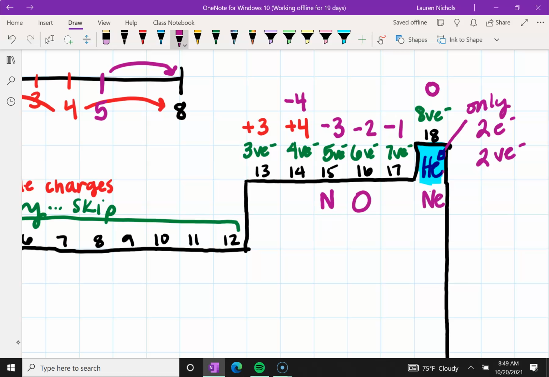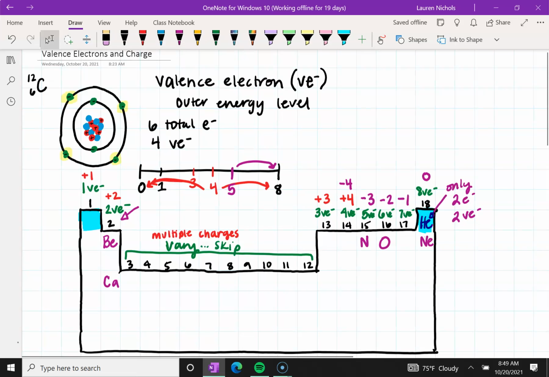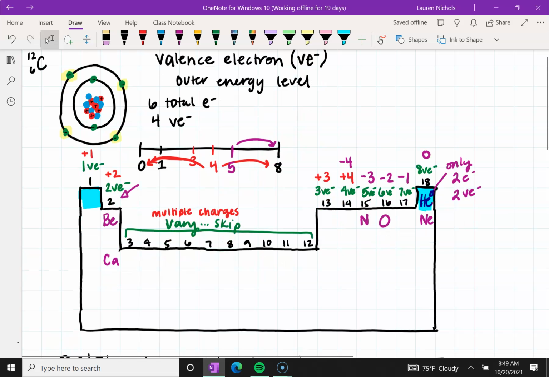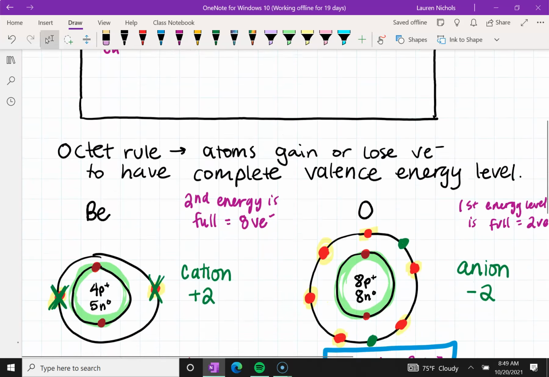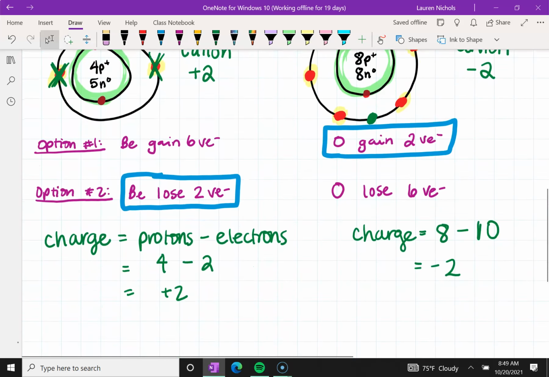It will be neutral because it already has 8. It's not going to gain or lose valence electrons. This is a very critical part of our unit that we base a lot of information on, knowing these charges and knowing how many valence electrons something has. So understanding that we're going to gain or lose valence electrons.